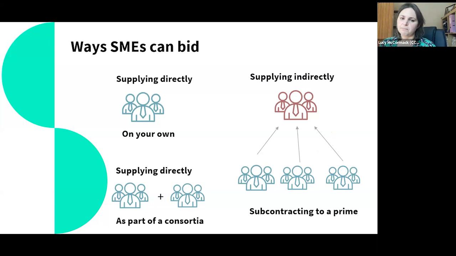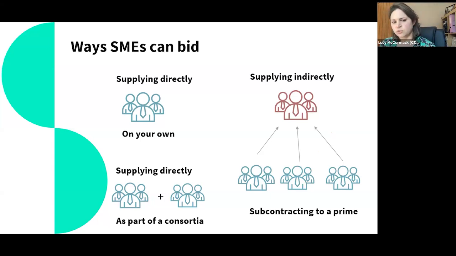And the consortia guidance and the opportunity to bid as a consortia itself opens up opportunities to SMEs. Because we recognise that bidding on your own is a great way to hopefully grow your business, and is obviously the ideal for a lot of SMEs, but it isn't necessarily possible in many situations, particularly if you're going for higher value contracts.